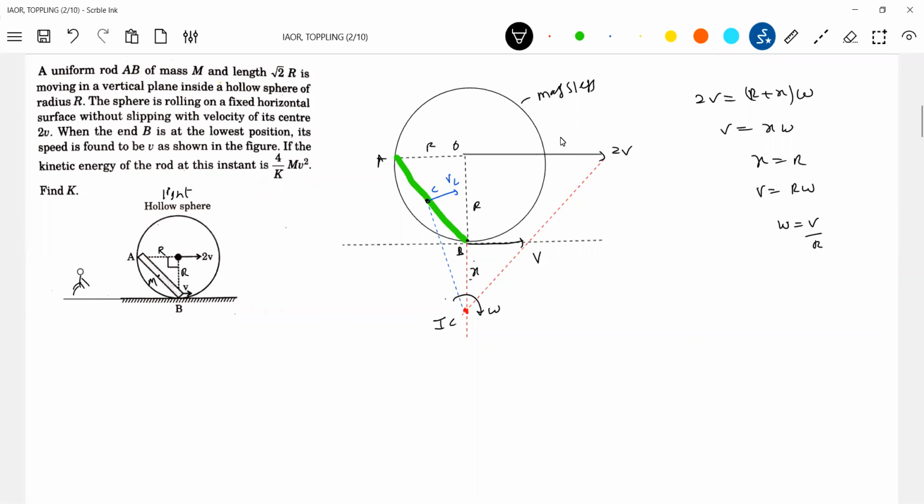C is the center of mass of the rod or system, because the sphere is massless. Let me take this distance PC as R. Now we have to calculate the velocity of center of mass. So what is VC? Speed of center of mass.